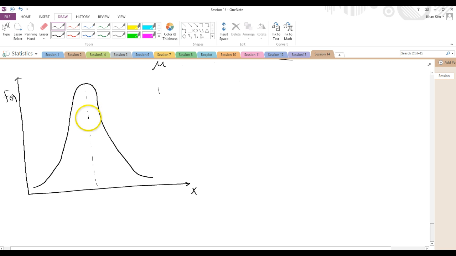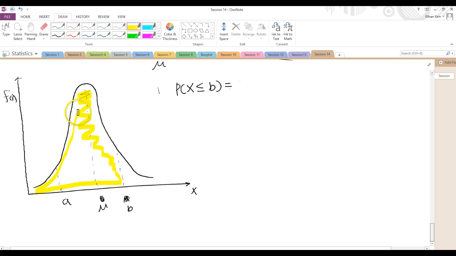Say that this is B and this is A, and we're looking for the probability that X is less than B. Then we would just find the area under this curve, anything that's less than B. So everything up to here, we're just going to find the area under this curve for the probability.